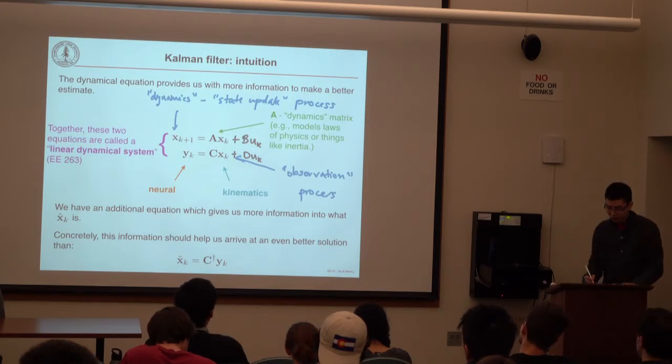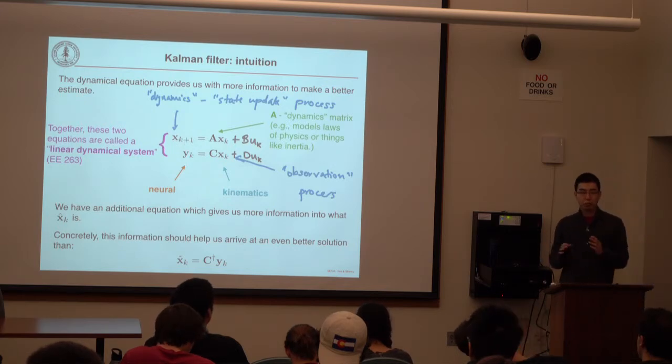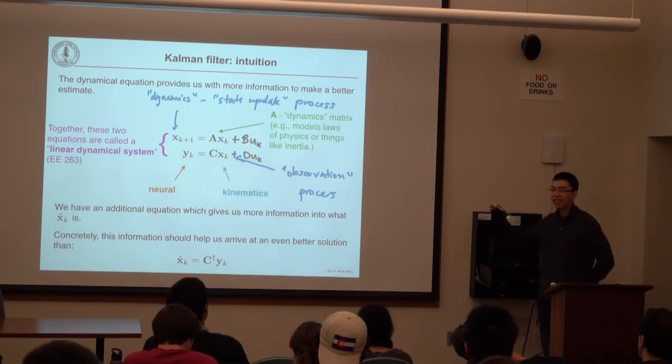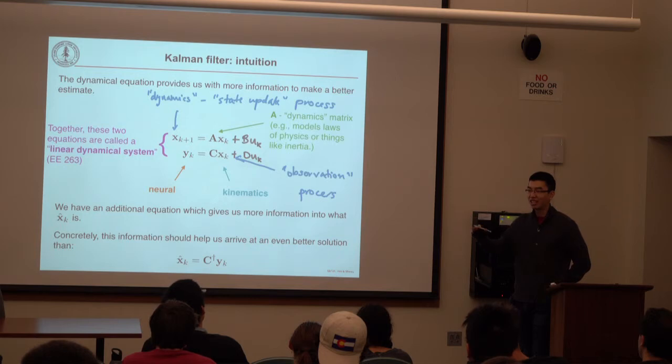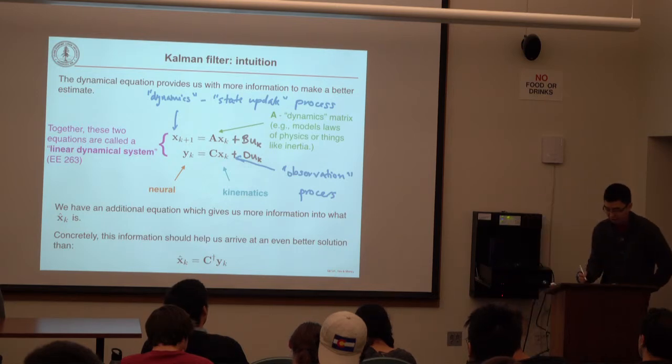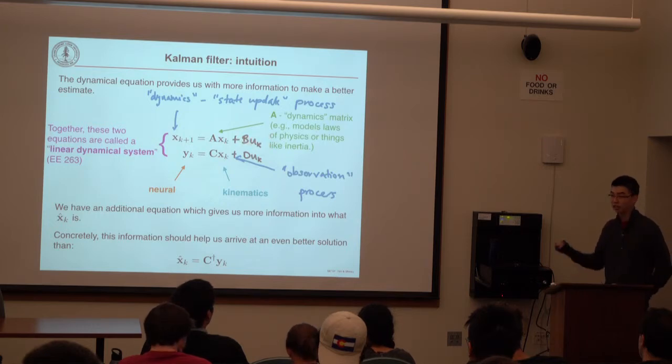However, for a cannonball flying, we know that there isn't a uk, unless someone was applying an input to the cannonball. But for the monkey's arm, his positions and velocities, this uk is something like the monkey's intention to accelerate or to decelerate or to change directions suddenly. And so in the setting of neural prostheses, we don't really have a good sense of what this uk might look like. And so what we do for now is we'll just ignore it.